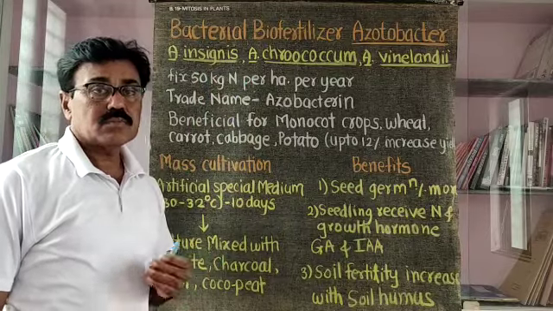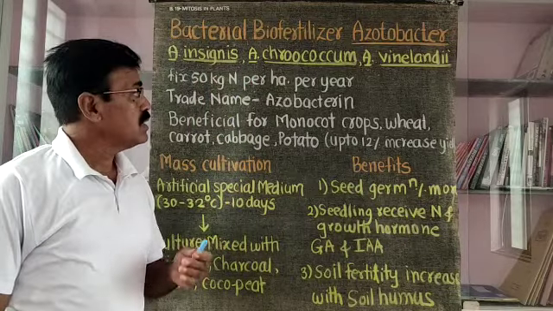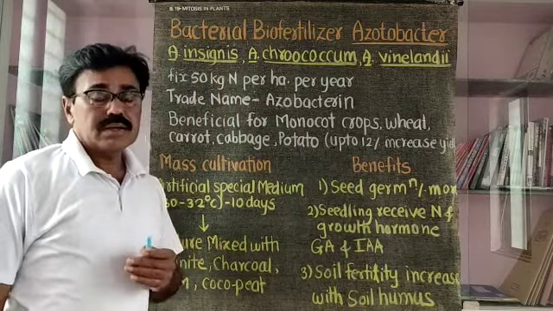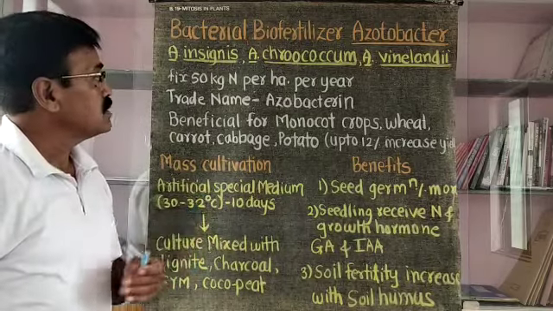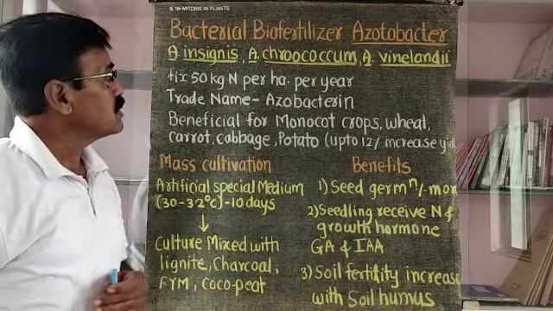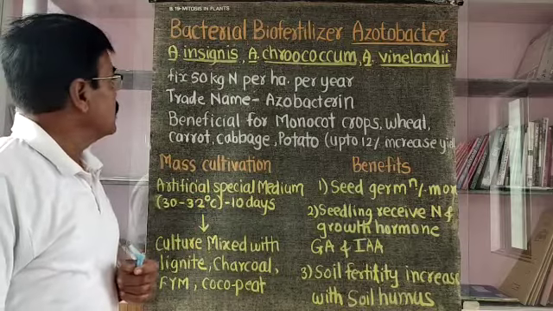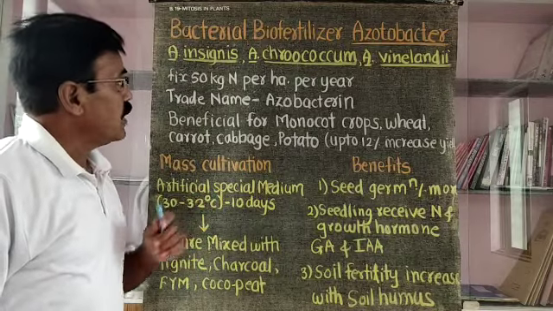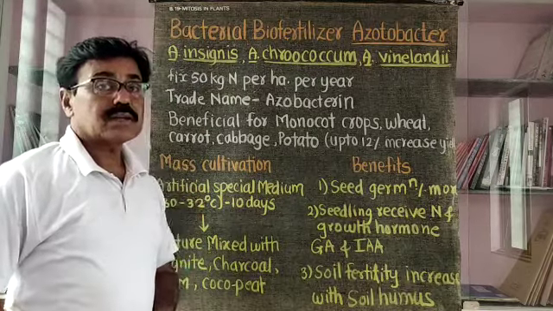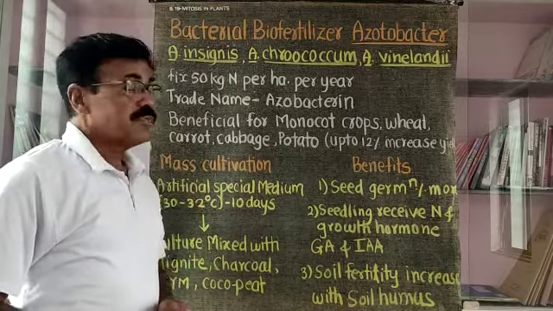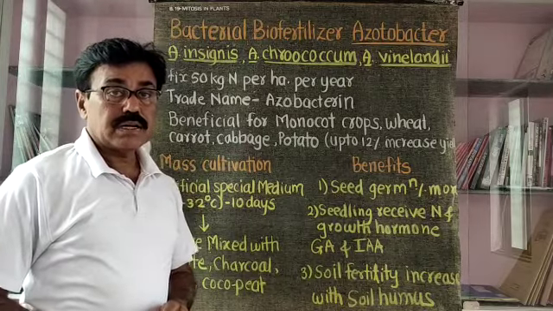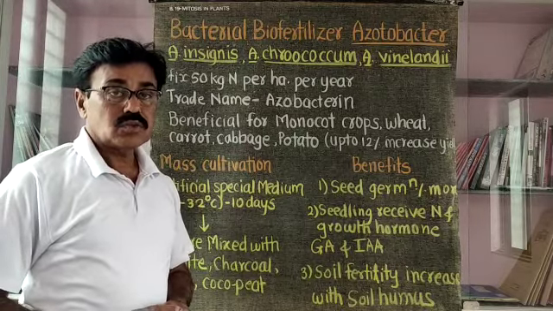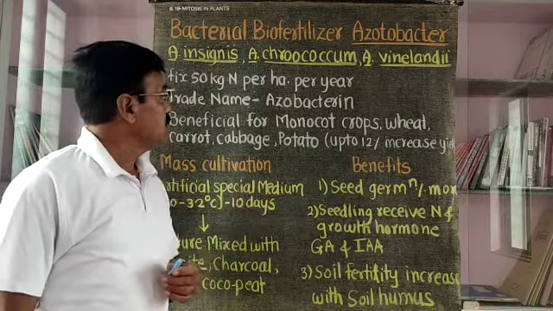These are some strains of bacteria that can be used to fix atmospheric nitrogen in the soil. Azotobacter fixes about 50 kg nitrogen per year per hectare in the agricultural field.